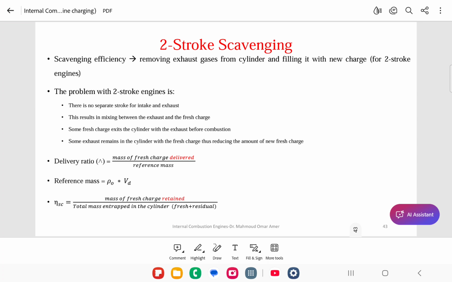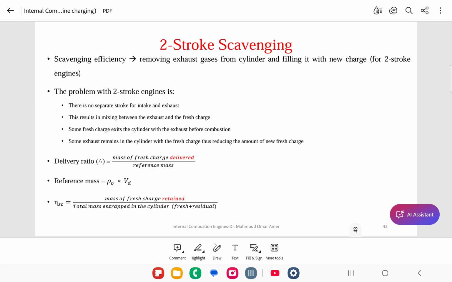Scavenging efficiency is the efficiency of removing the exhaust gases from the cylinder and filling it with a new charge. It's like the charging efficiency, or the volumetric efficiency, for the four-stroke engine. But we have some issues with the two-stroke: as we mentioned, we have no separate stroke for the exhaust and no separate stroke for the intake.